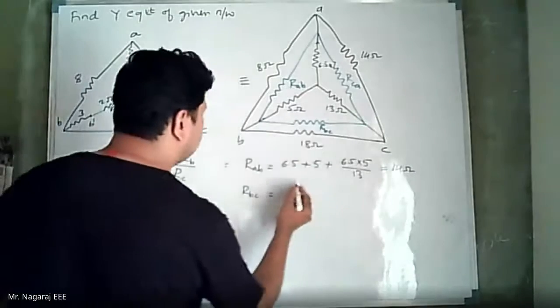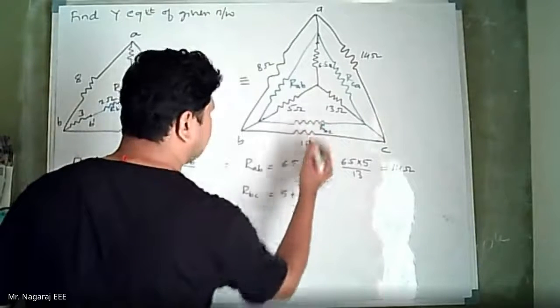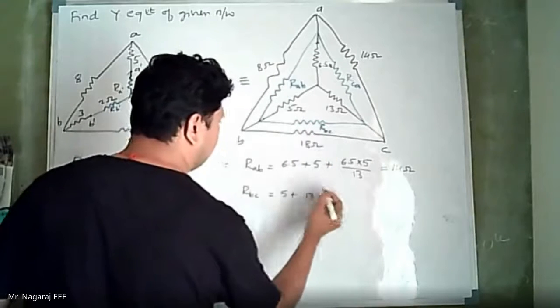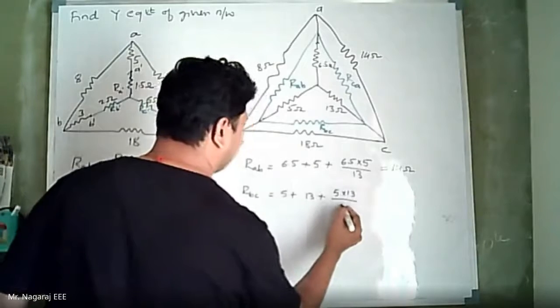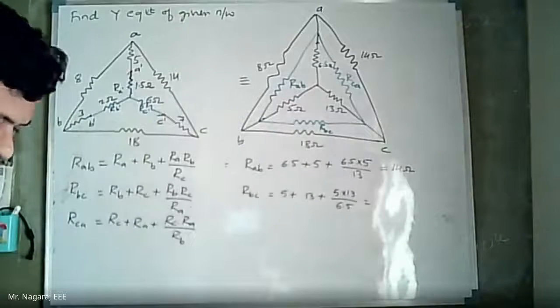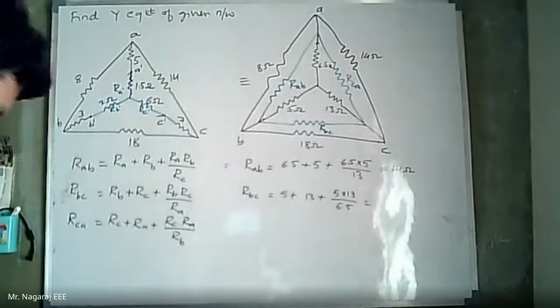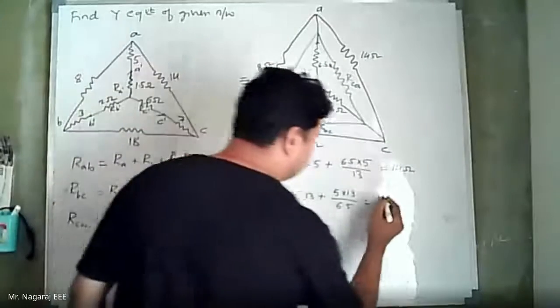Now RBC is RB, that is 5, plus RC 13 plus 5 into 13 divided by RA 6.5. It is 28 ohms.